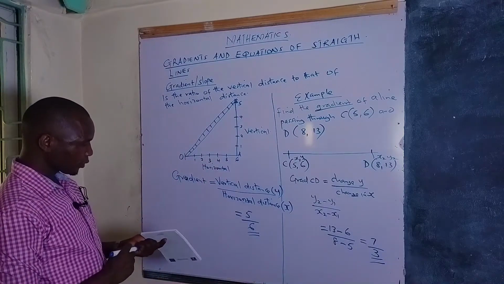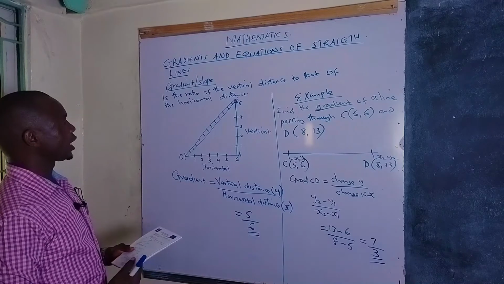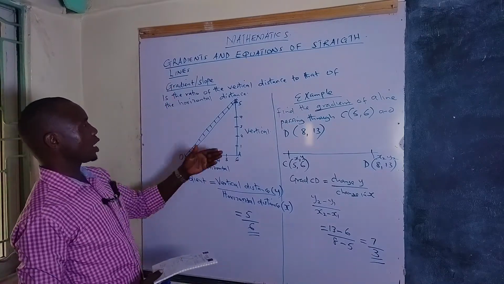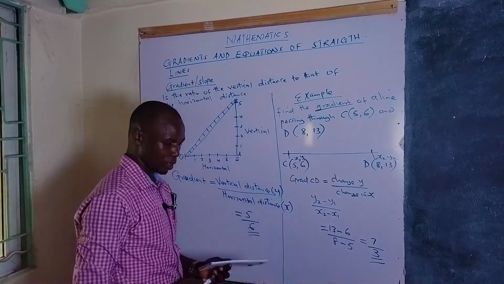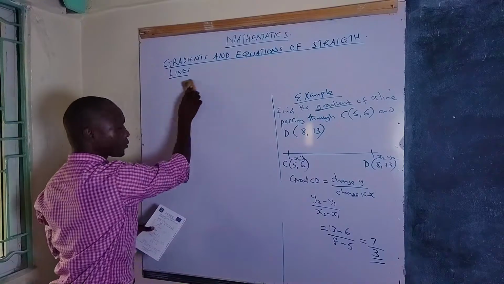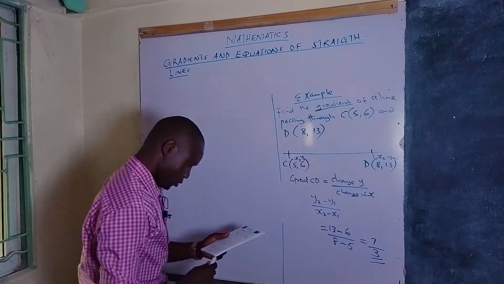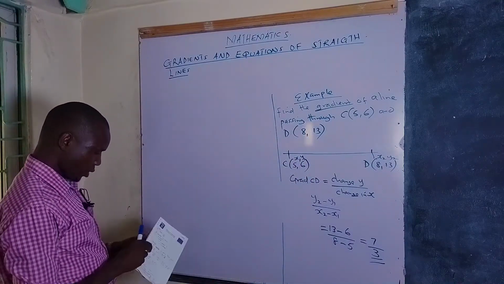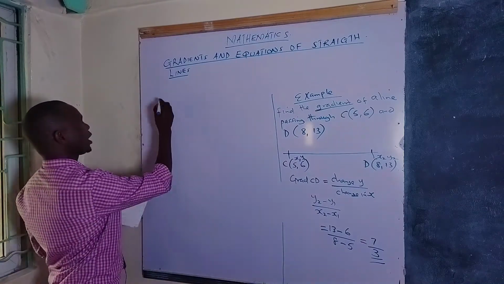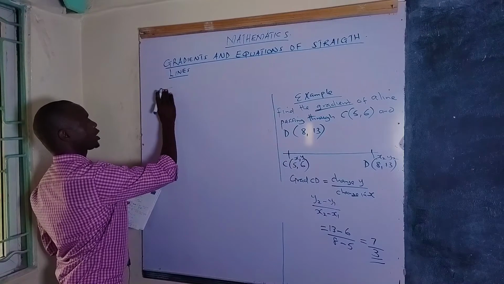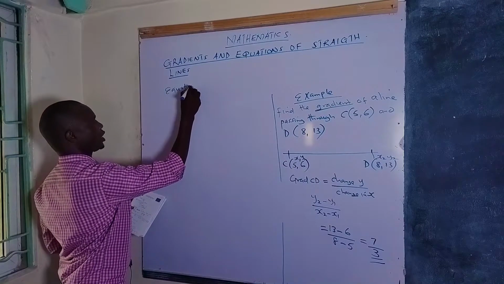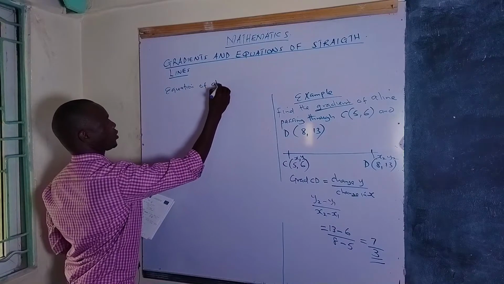Having known how to get the gradient of a straight line, I want us to see how you can get the equation of the same line. So let me give you example number 2 to help us at least know how to calculate the equation of a line. Let us look at how to find the equation of a line.